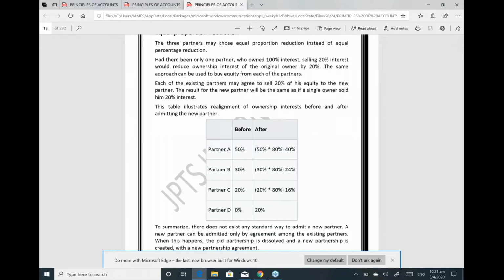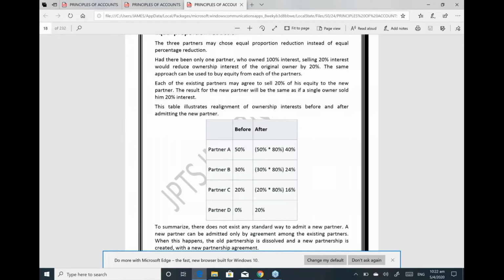Now, if they decide to sell 20% of the equity, if you look at the table we have here, you can see that before they sold, they have 50% for A, 30% for B, then 20% for C. Don't forget, it was 100%: if you add them together, 50 plus 30 plus 20, it gives us 100%.